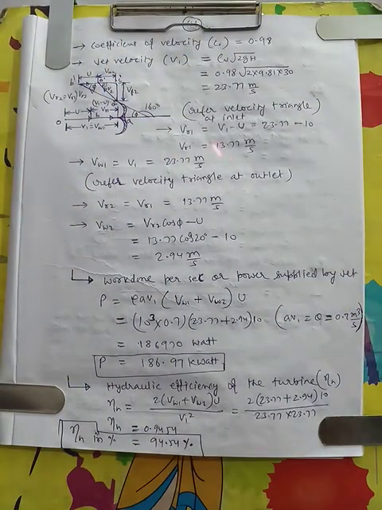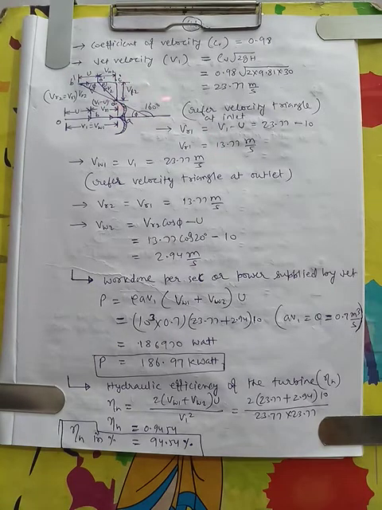O dash C dash is the VW2, the component of V2 along the line of U. So VW2 is equal to V2 cos beta. If beta is not available, then we can subtract U: B dash C dash minus B dash O dash.